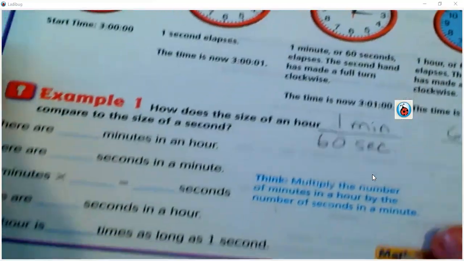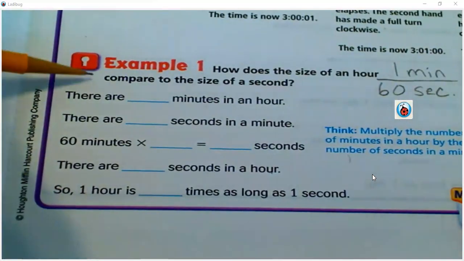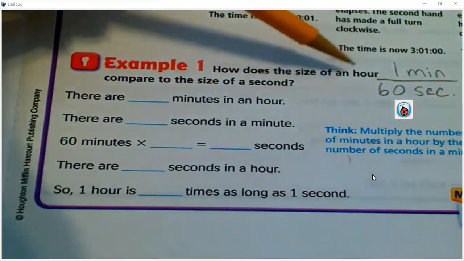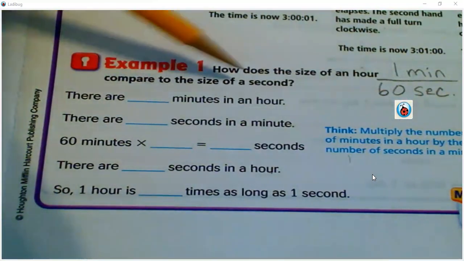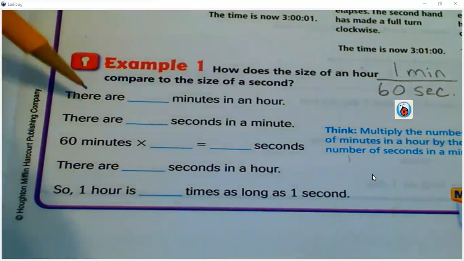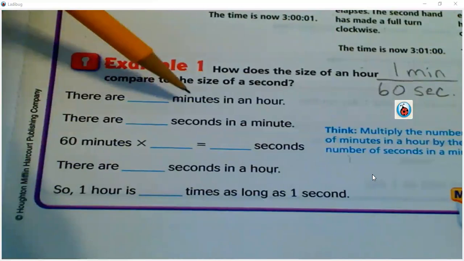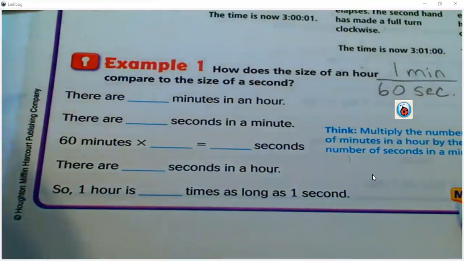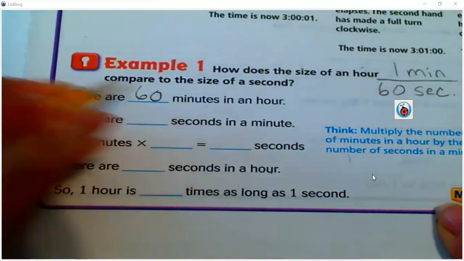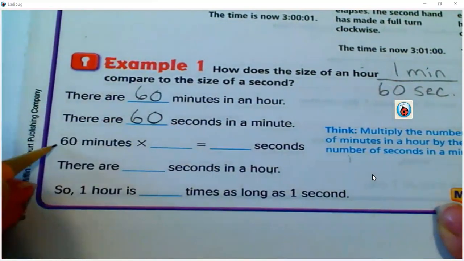Let's take a look down here and see if we can complete this. It says, how does the size of an hour compare to the size of a second? Hours compared to seconds. So, well, there are 60 minutes in an hour, and there are 60 seconds in a minute.